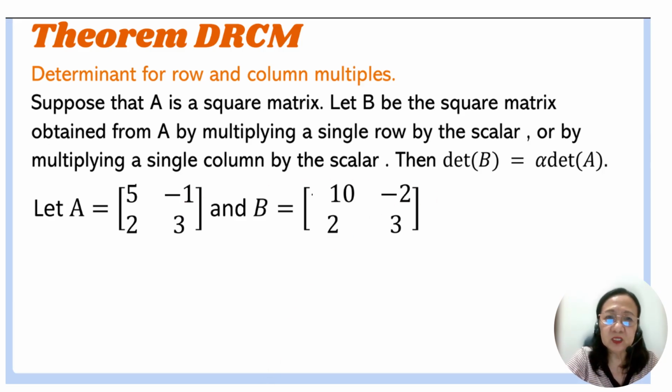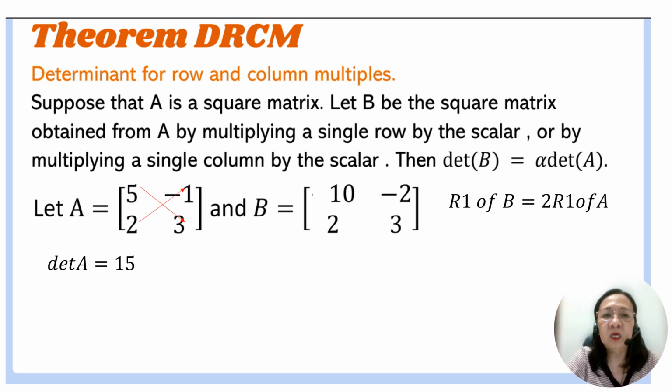So if we are going to get the determinant of both matrices, we're going to prove that part. We have 5 times 3, that is 15, minus 2 times negative 1, which is negative 2. So we have minus a negative 2.